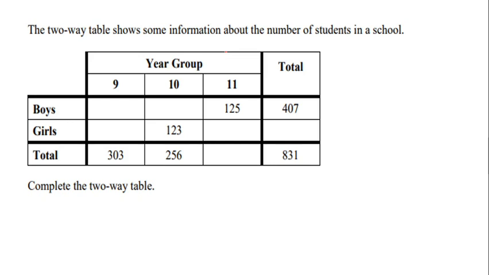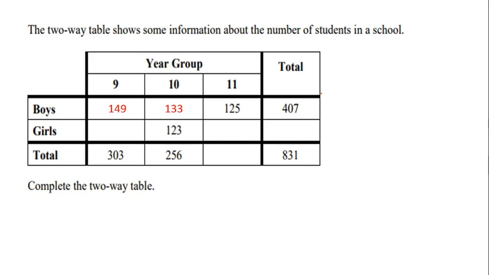Here you just look for values where there's only one missing. The first one you could look at is here. You could look along the bottom or along the side. These have only got one value missing, so you can work your way through it. I'm not going to particularly go over this. So that's 133.